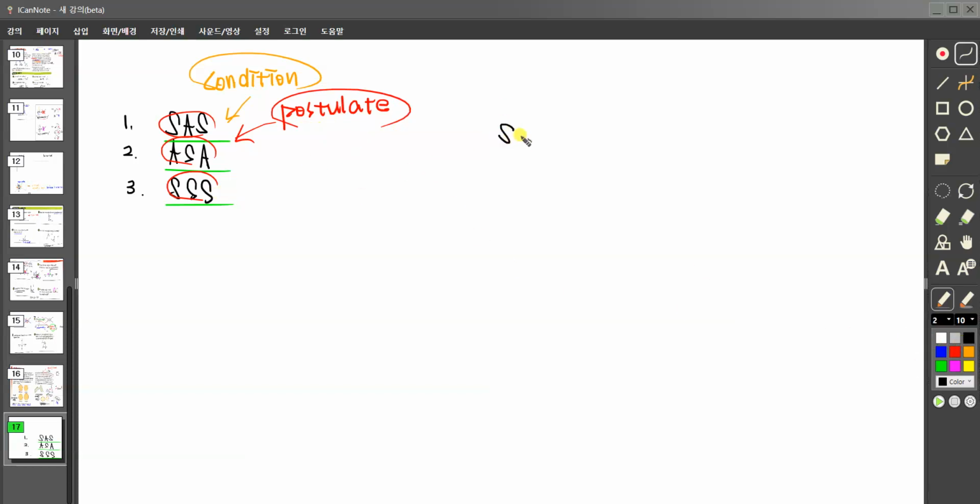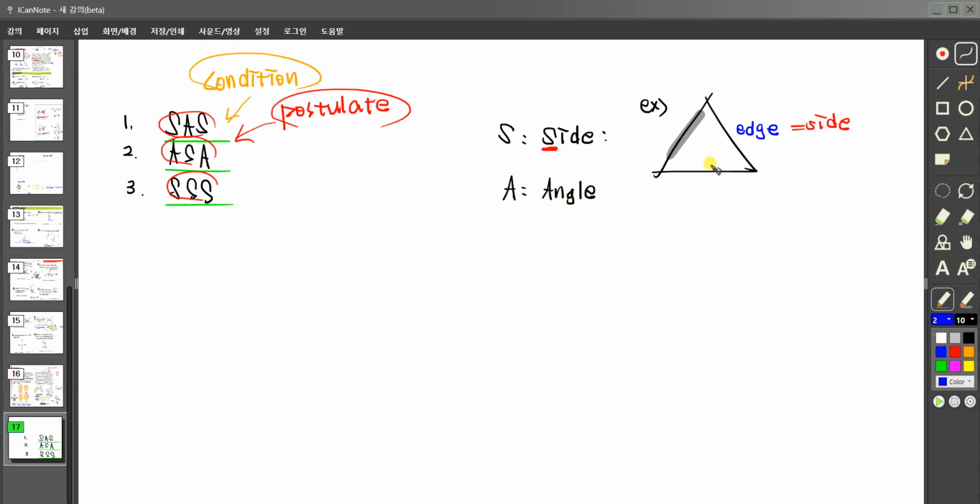S means side. Side means this is a side. We can call this an edge or side. And A means angles. Here is an angle.